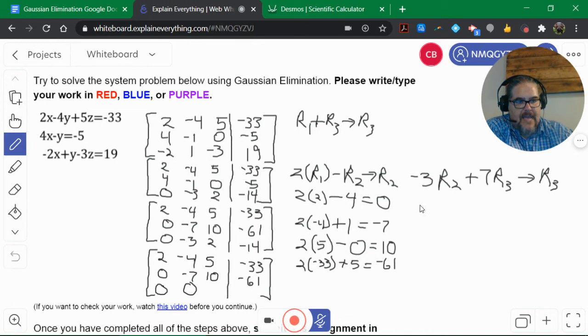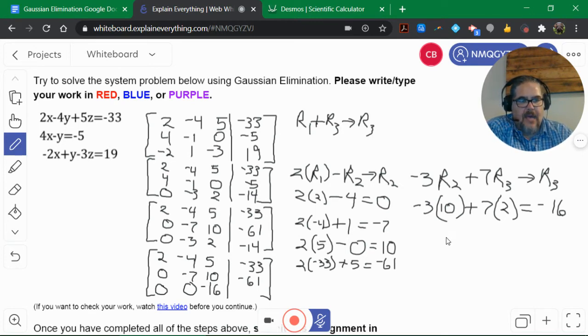That's going to be negative 3 times positive 10 plus 7 times what's in row 3 there, which is positive 2. And that equals negative 30 plus 14, which is negative 16. Okay, that's negative 16.